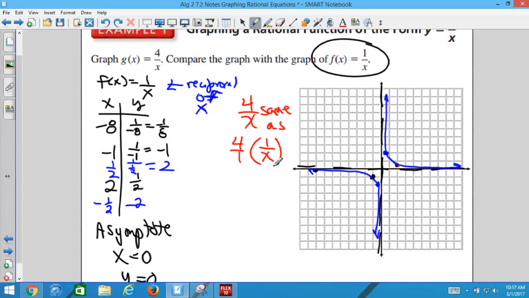So 4 over x is the same thing as 4 over 1 times 1 over x, which is the same thing as 4 times 1 over x. And what does it mean, transformation-wise, if we have a number outside of the function? All the transformations we've done since the beginning of the year. What does that mean, Aaron? A vertical stretch.